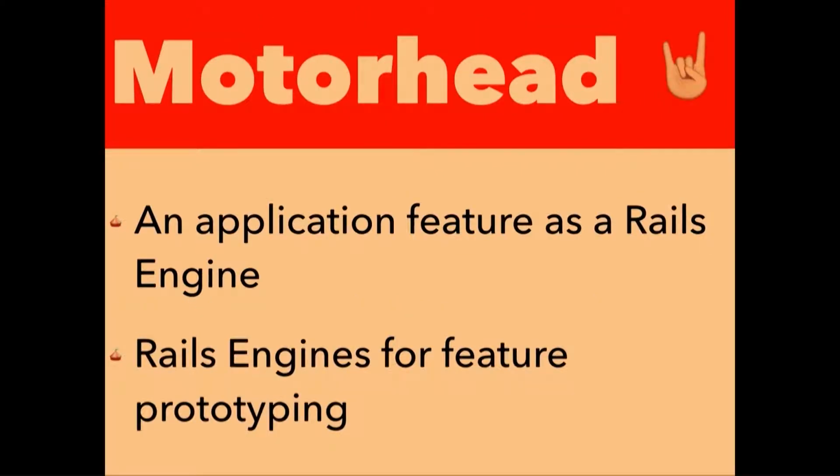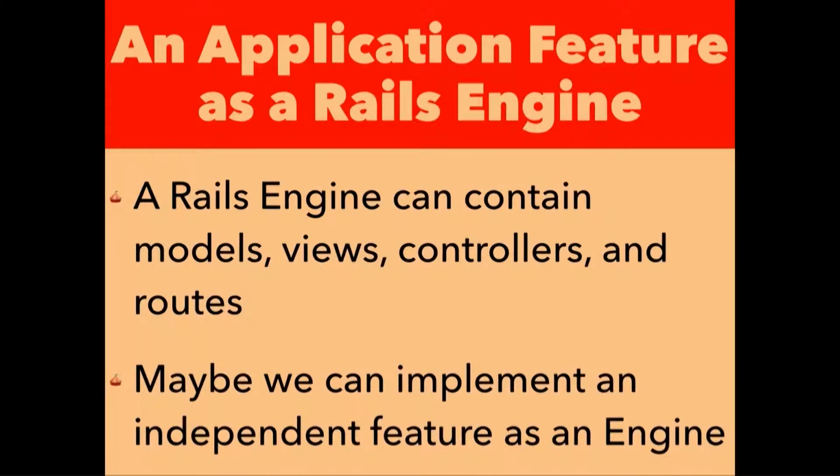Thank you. Motorhead is an application feature prototyping engine, right? The concept is to bind a whole new feature of your application into one Rails engine and mount that engine onto your application.